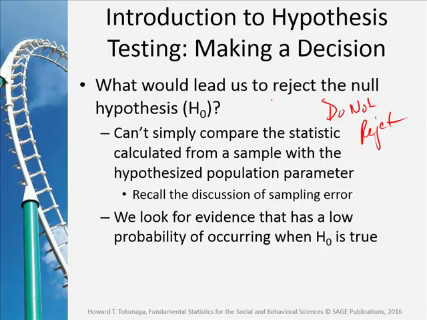You only have one draw from the population. What if you get a bad draw? Right? So you never accept the null hypothesis. If you want to show some shame, you can say, I failed to reject the null hypothesis. Because you have failed. But you never, ever accept the null hypothesis. That's not your call to make.